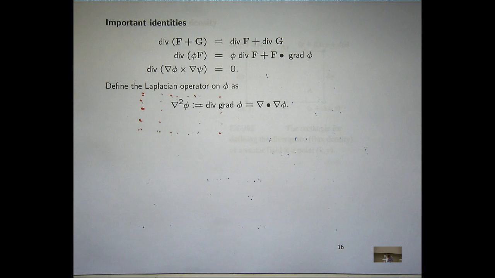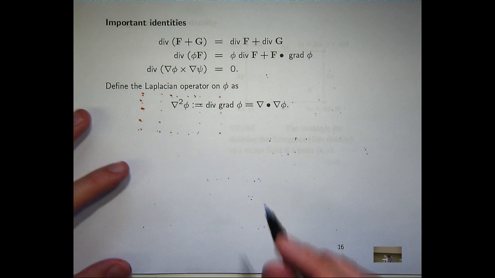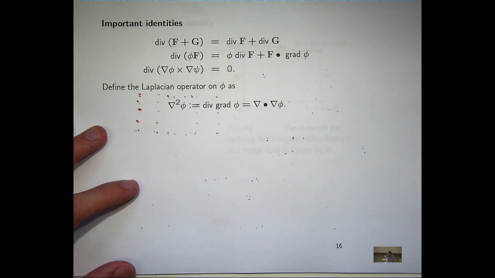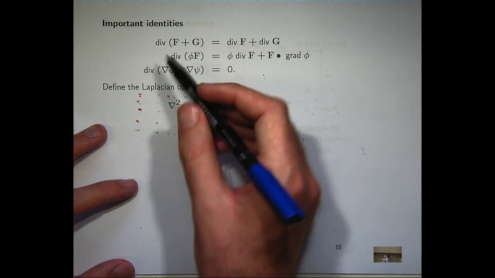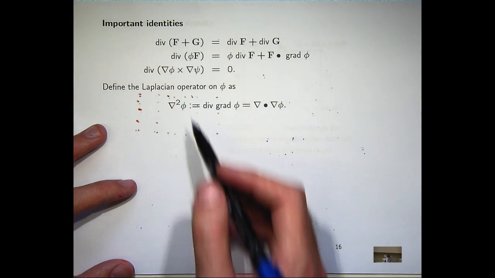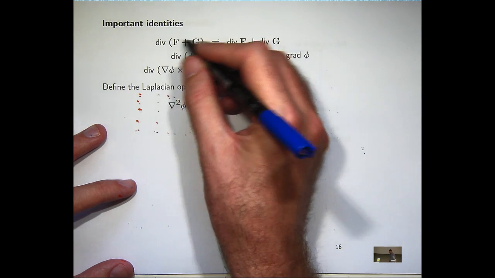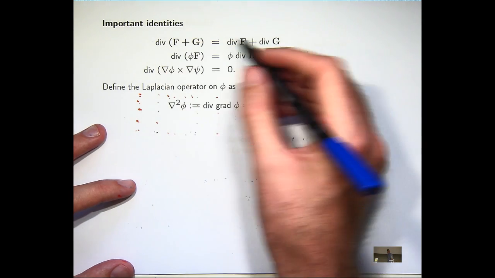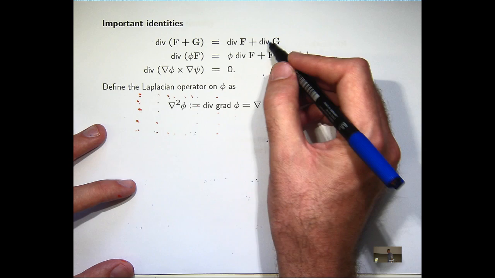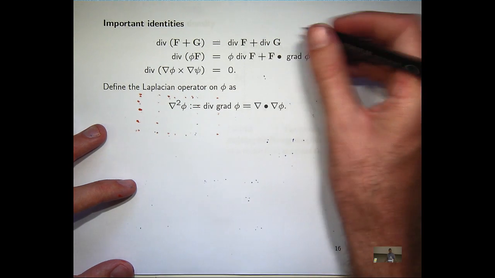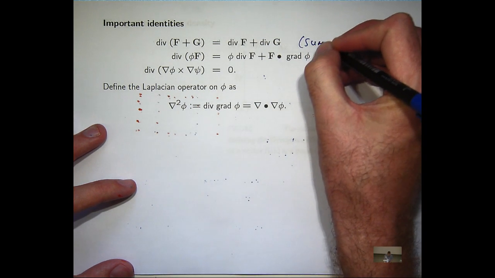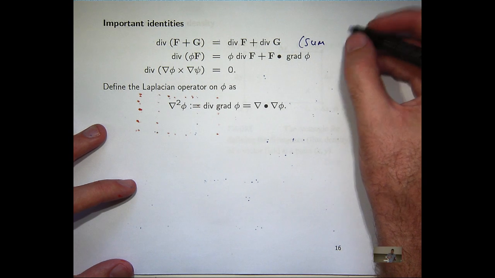Now, if we think of the divergence as, very loosely speaking, some kind of derivative, you would expect some basic properties of that derivative. That is the point of this slide. If you've got two vector fields added together and you take the divergence, you can take the divergence individually and add them together. So this is like a sum rule.